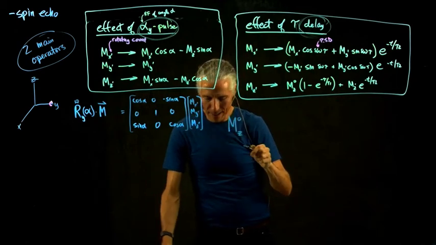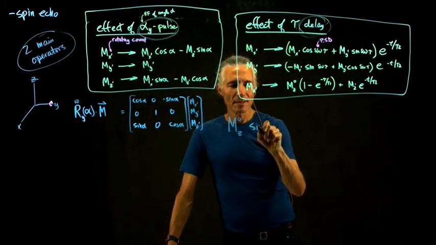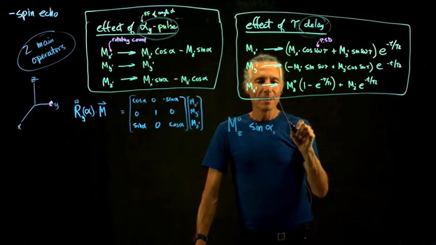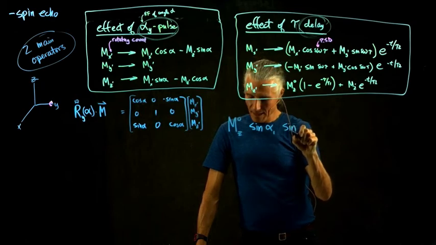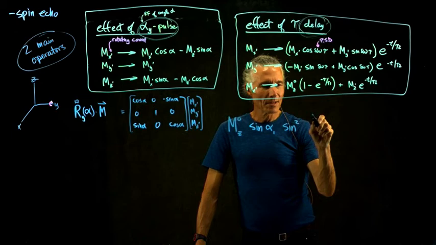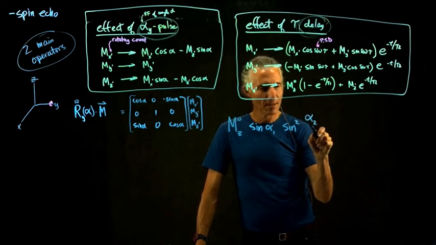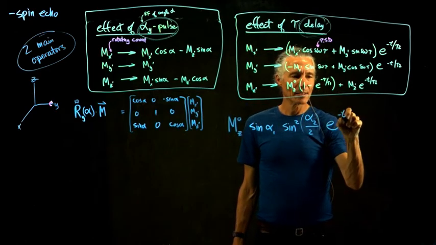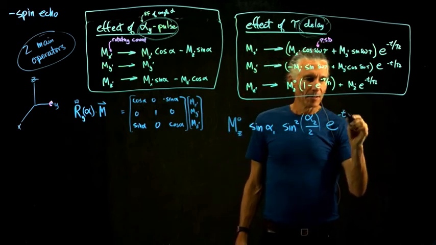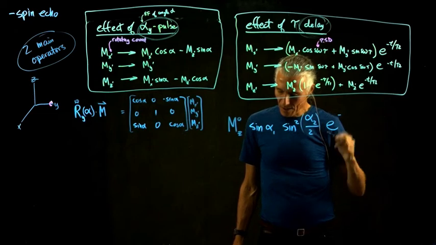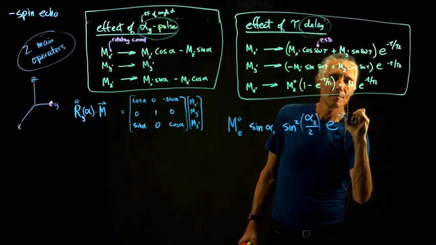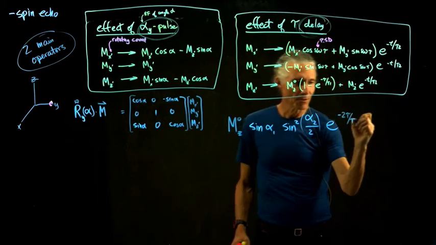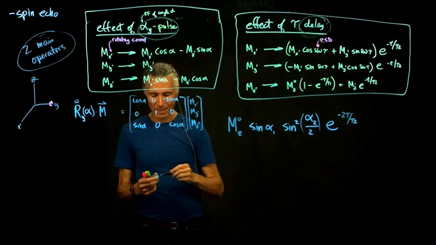So it's whatever the starting magnetization was times just the sine of the first RF pulse and then times the sine squared of the second RF pulse angle divided by 2 times e to the minus, sorry, not minus t, minus 2 times tau over T2, yeah. So why is that 2 in there? We'll sort of get back to that.